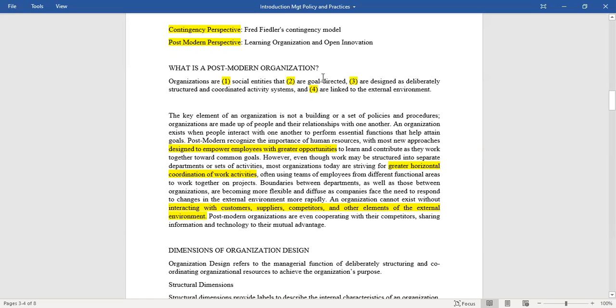Now, provided all four aspects are completed as I've written down over here, greatest importance is given to human resources, and the creativity of human beings and employees is empowered and they are given space to perform their activities themselves. Similarly, there is a lot of horizontal communication and coordination of activities, and different functional teams work on projects instead of having very clear cut boundaries.